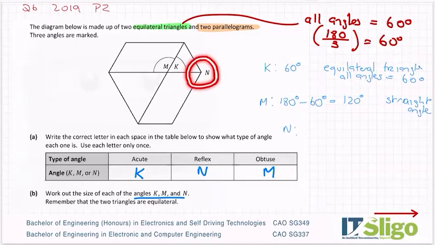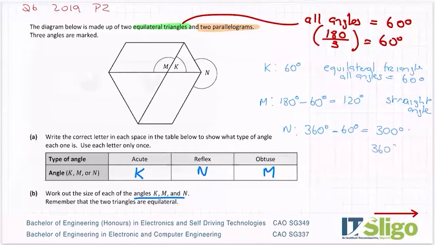Well, just like I said, a circle is 360 degrees. So 360 degrees minus this angle here. And remember, this is an equilateral triangle, so this is also 60 degrees over here. So it's 300 degrees. And my reason why, 360 degrees in a full circle.